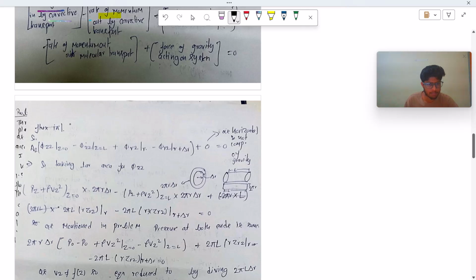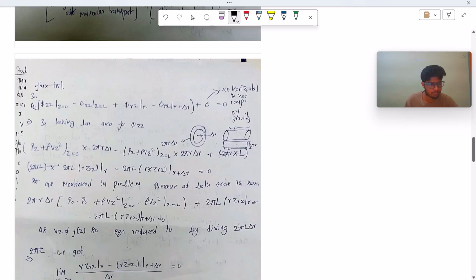So writing the balance for this small thickness of dr of the cylinder, we have the phi zz component in at z equal to 0, acting in this direction. So we have an area perpendicular to phi zz. We have to take the area perpendicular to phi zz, minus phi zz at z equal to L. It means phi zz goes in from here and leaves from there.